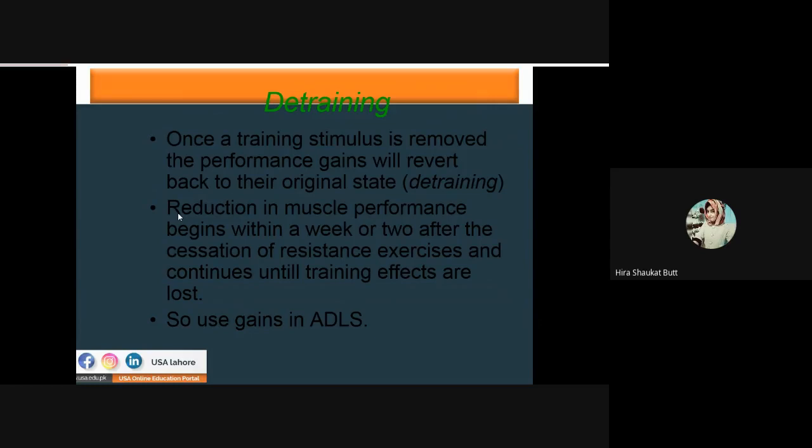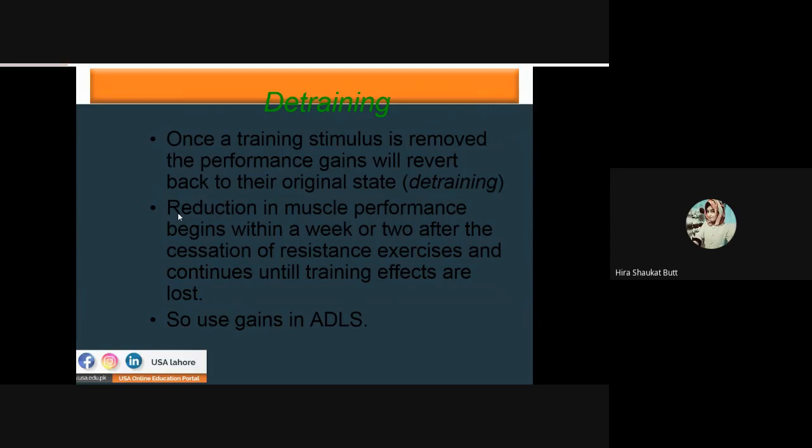In the next lecture, I will tell you what adaptive changes the muscle undergoes from resisted exercises. And always remember that when we start resisted exercise, it takes 2 to 3 weeks for the changes to start appearing, and maximum 4 to 8 weeks.